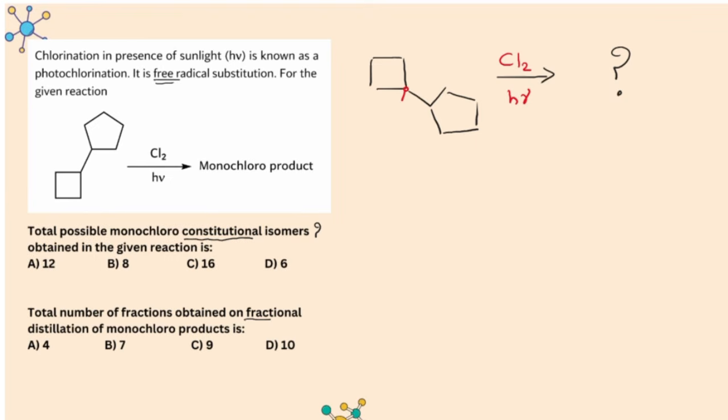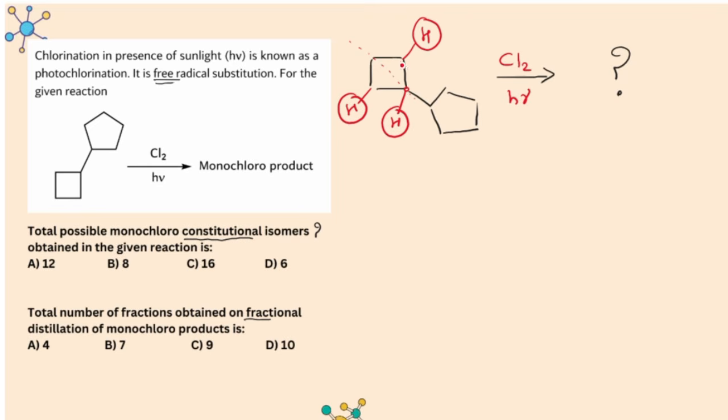What does that mean? See, we have one hydrogen here. By replacing this hydrogen by a chlorine free radical, you are going to get one product. And by removing this hydrogen, you are going to get the second product. But we also have one more hydrogen here, which is chemically equivalent because of the plane of symmetry in the molecule.